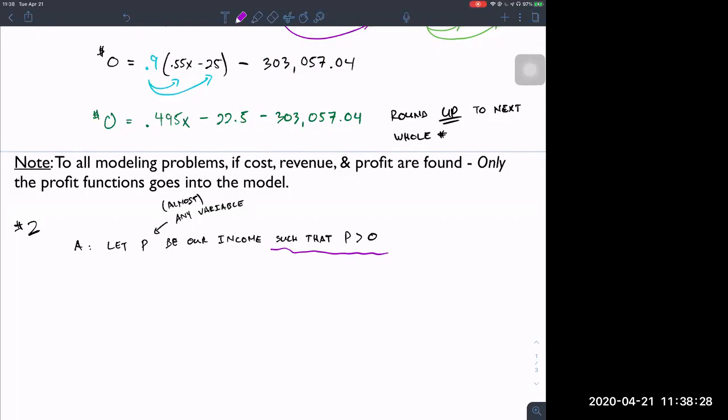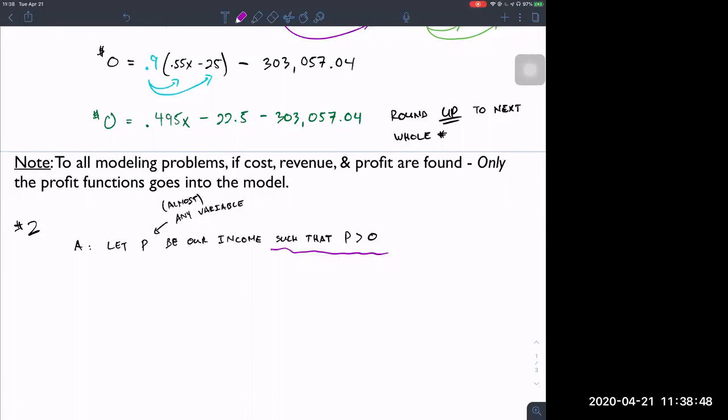And that's the assumption that no matter how much money you make, it's always going to be a positive income. You may make $1, which is terrible because then that makes your model overall go in the negative, but the income you make is always positive.